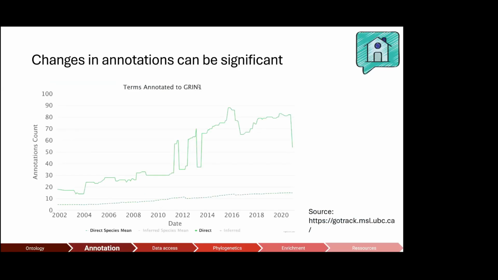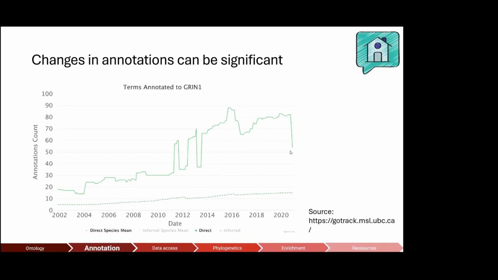One important aspect as well is that the changes in annotation can be highly significant. If you look at the terms, for instance, annotated to the GREN1 protein, you can see that between 2002 and 2020 there have been a lot of different changes. Sometimes you have 60 terms associated, then it goes down to 35, and then it goes to 80, so it's very moving.